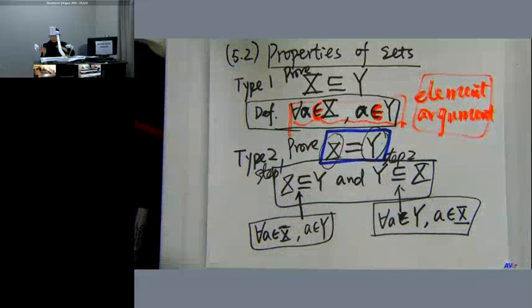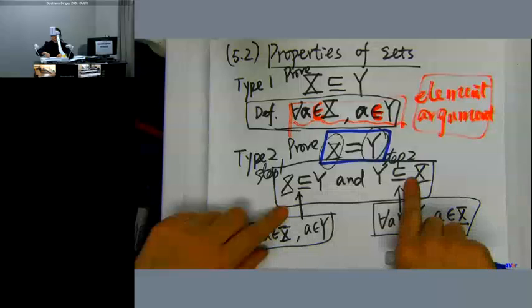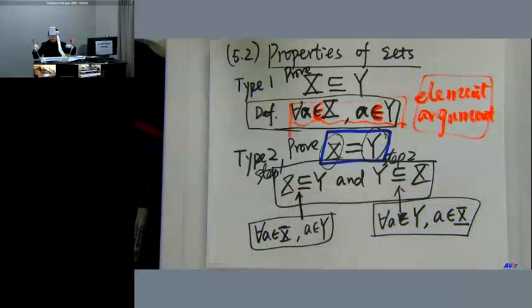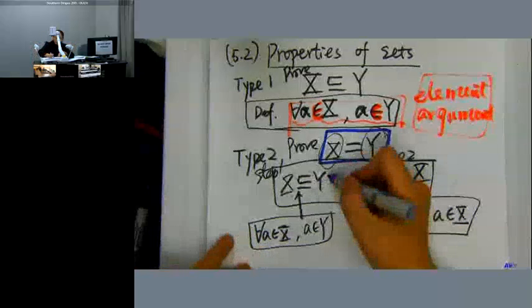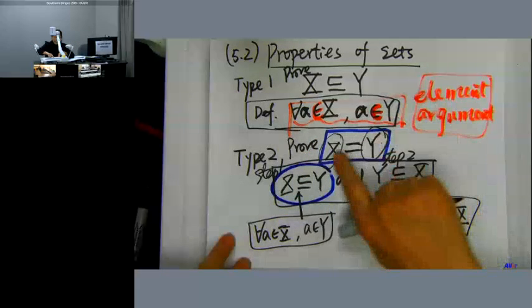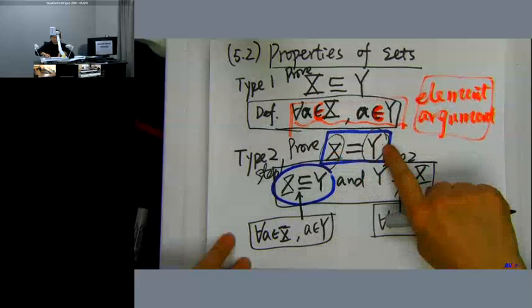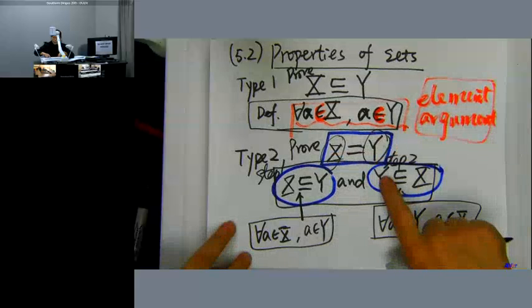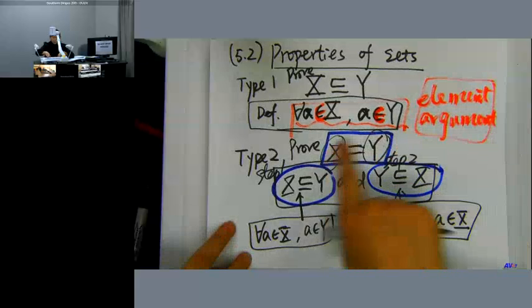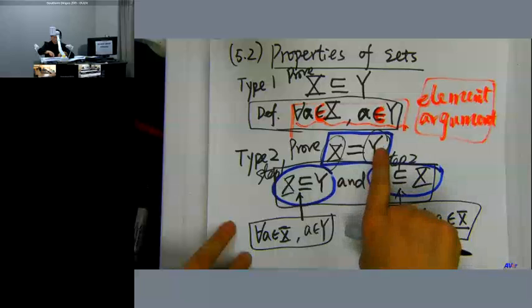What James just said, they are subsets of each other. We can simply say two sets are subsets of each other, but when you really do it, you have to do two steps. First, you have to show X is a subset of Y. And after that, you have to prove Y is a subset of X, in both directions.